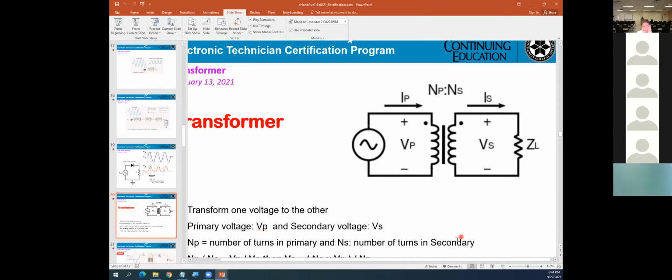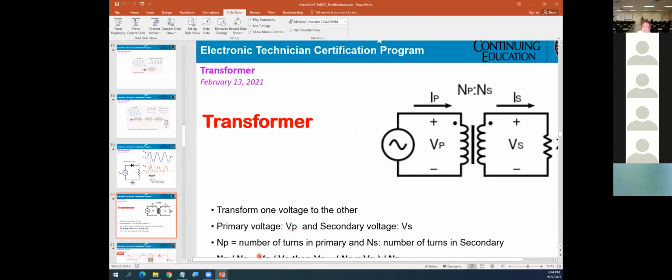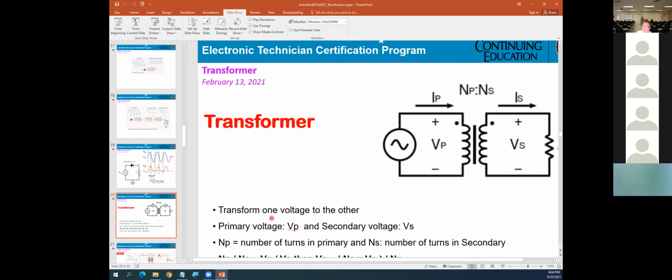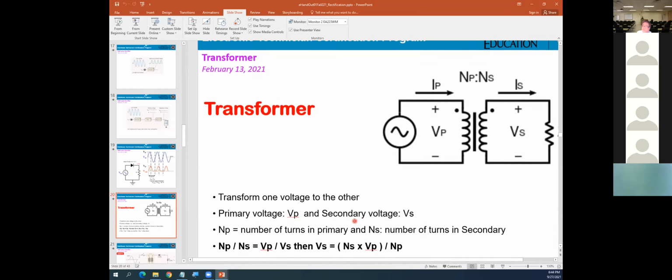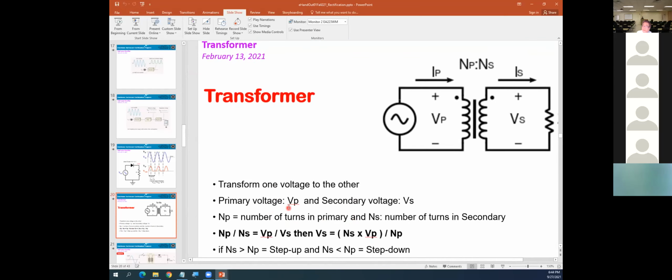And now if you read it, a transformer transforms one voltage to the other. The primary voltage on this side we call the primary, VP.